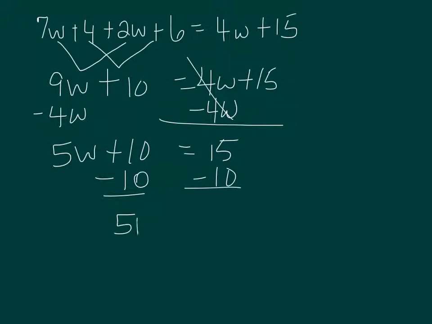I get 5w equals 5. Divide both sides by 5, and w equals, that's right, 1. And I'm going to let you go ahead and check that out, and we will find that w equals 1 in this problem.